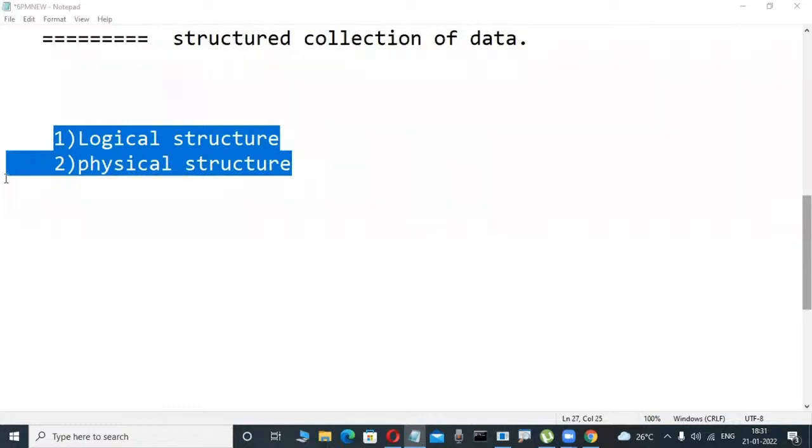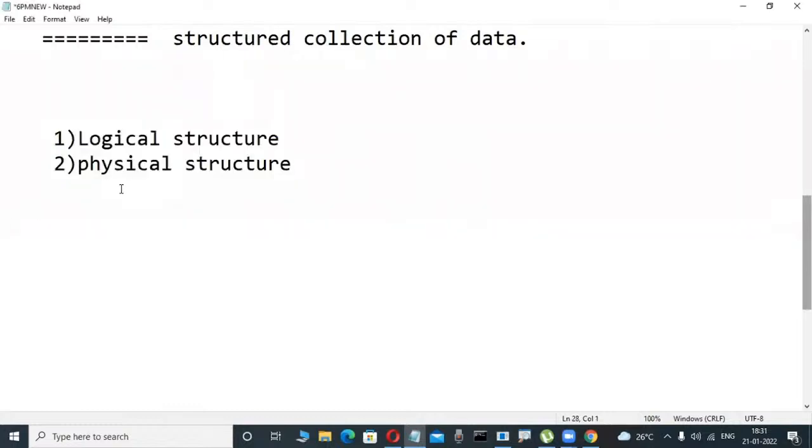Suppose you are a Java, Python, or Oracle developer, or I am a PLSQL developer. We are all basic level programmers. In which structure are we all working, in Oracle or SQL or MySQL? Very good, logical structure. Some fellows are telling logical structure only. Yes. What is that logical structure?